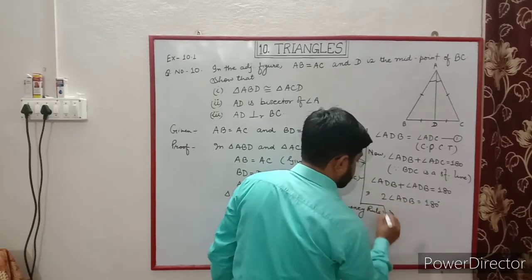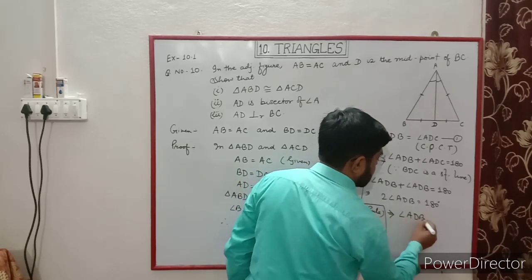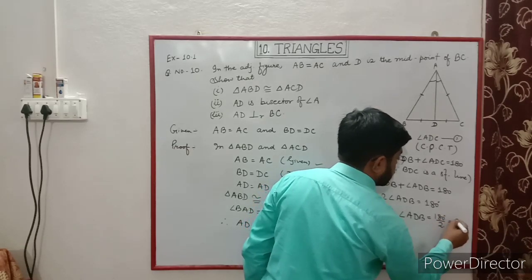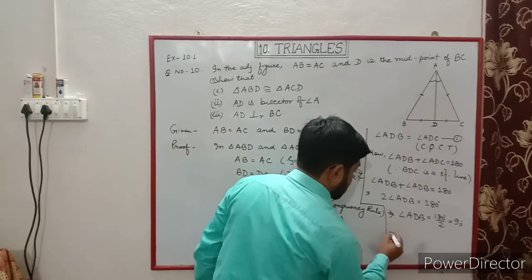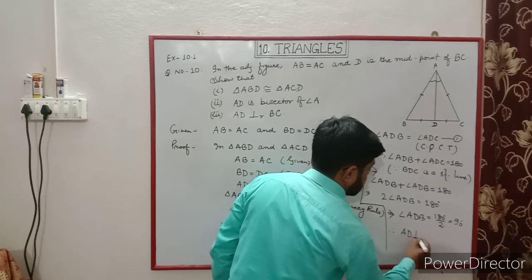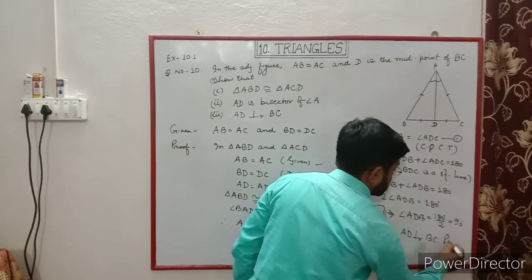Now angle ADB is equal to 180 degrees divided by 2, which is 90 degrees. So we can say that AD is perpendicular to BC. Third part proved.